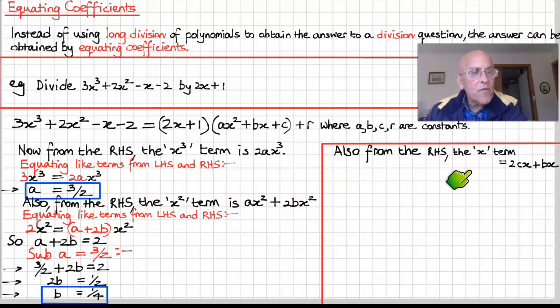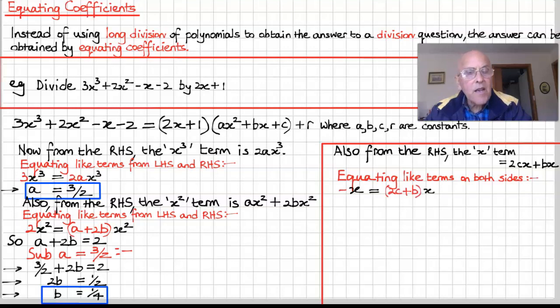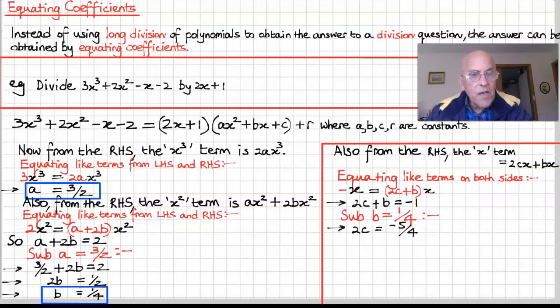So therefore, we've got 2cx plus bx on the right, and we've got minus x on the left, and therefore, equating the coefficients, we can say that 2c plus b equals minus 1. Now, guys and gals, we have up our sleeve that b equals 1/4, so we substitute that in, and we get 2c equals minus 1 1/4, or minus 5 over 4, and therefore c must be minus 5/8.